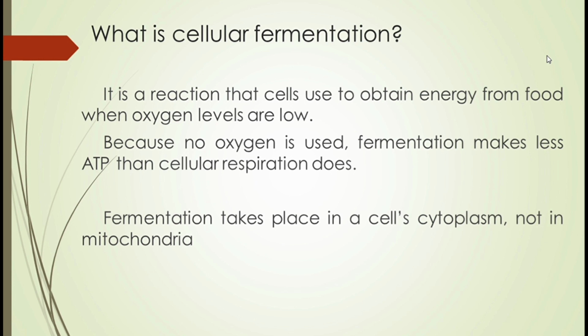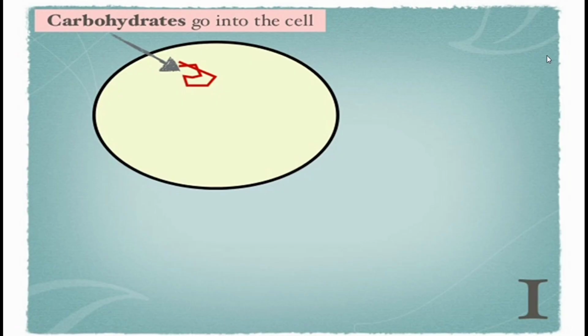Fermentation takes place in a cell's cytoplasm, not in mitochondria. Unlike sa respiration na nagte-take place sa cytoplasm at saka sa mitochondria, yung fermentation nagte-take place lang sa cytoplasm. So, ito po yung diagram natin sa fermentation.